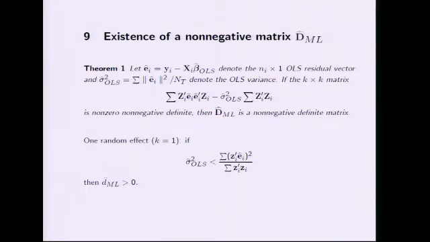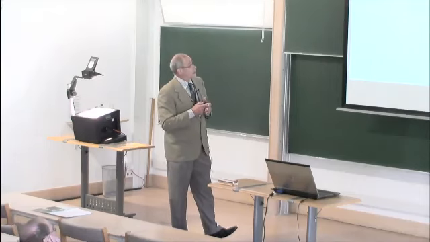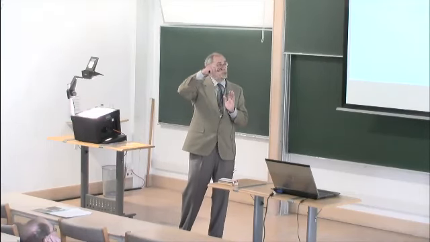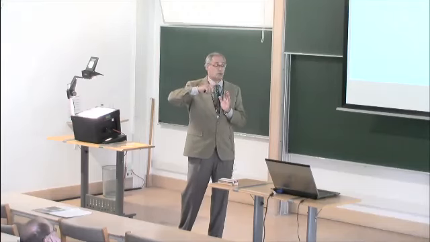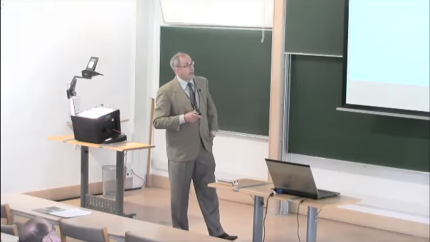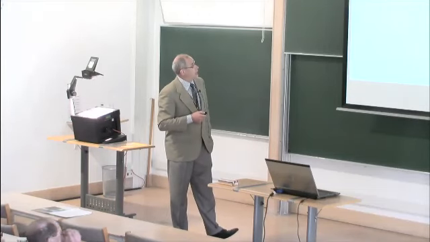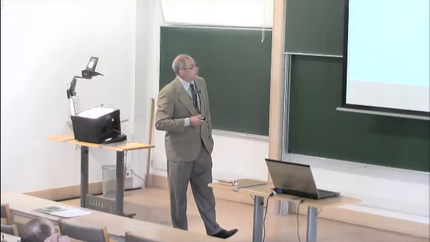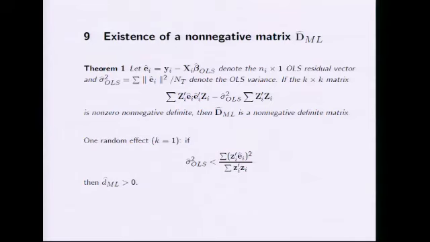If this derivative is positive, you have a maximum of likelihood outside of the non-negative matrices, and for one random effect you have a very simple criterion by which you can judge that your maximum likelihood is positive.